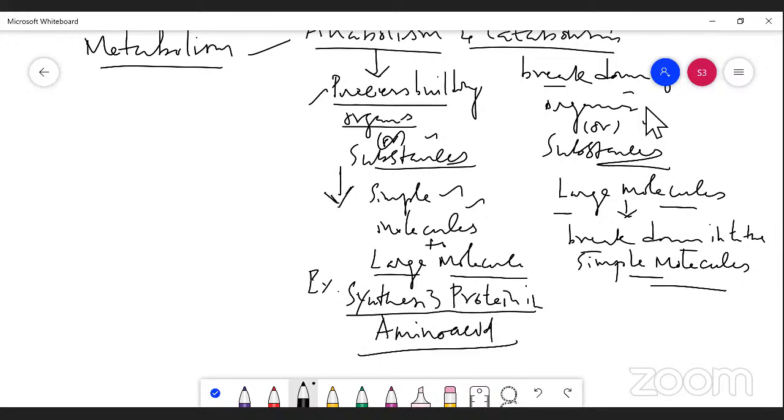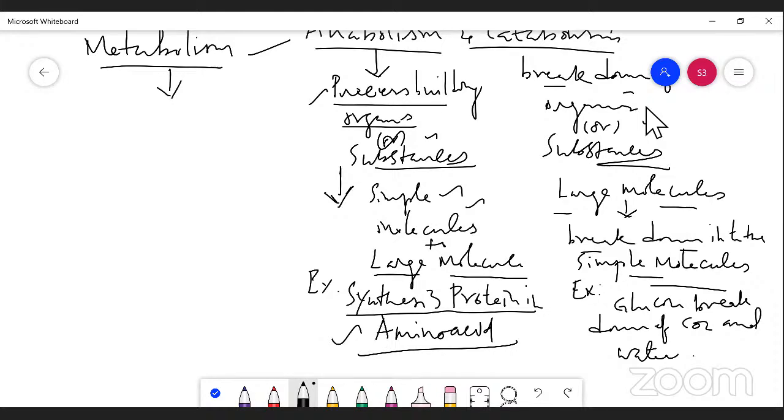And another example, the breakdown of glucose into carbon dioxide and water. So metabolism includes all the metabolic activities, all the chemical reactions in the cell.